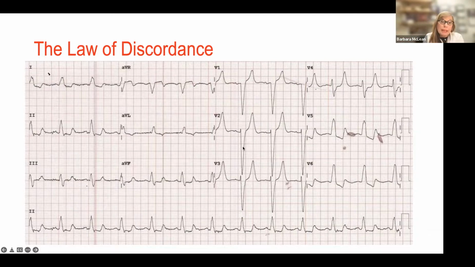And the opposite lead group, which is my right-sided leads, V1, V2, and maybe extension of V3, they are primarily downwards, but they've got ST segments and T waves that are upright. That's discordant. This is pure bundle branch block. That's Sgarbossa's criteria. Sgarbossa's criteria is expect discordance. If you have concordance, it isn't just bundle branch block, it's something else.